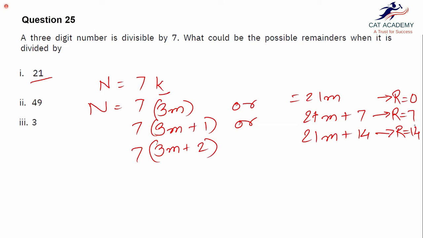The shortcut to this is 7 3s are 21. In general, remainders for 3 are 0, 1, 2. Since I'm multiplying it by 7, 0, 1, 2 into 7, my remainders would be 0, 7, 14.